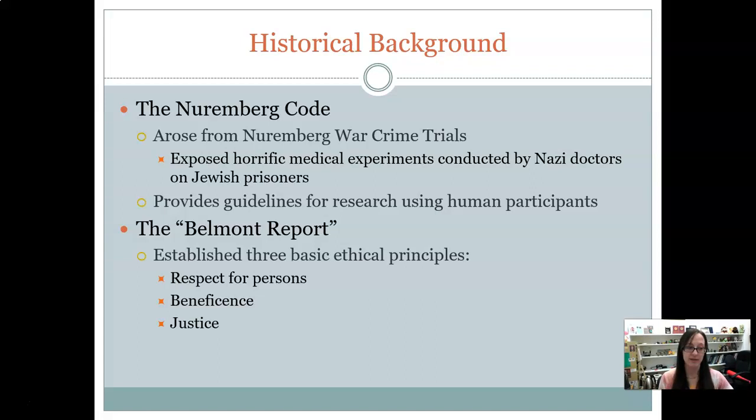The next one was beneficence, which is the idea that we want to minimize any possible harm and maximize any possible benefit. When we're weighing harms versus benefits, we need as few harms as possible, even potential harms, while maximizing benefits. If there are no really foreseeable benefits from the research, then even a little bit of harm is not justifiable.